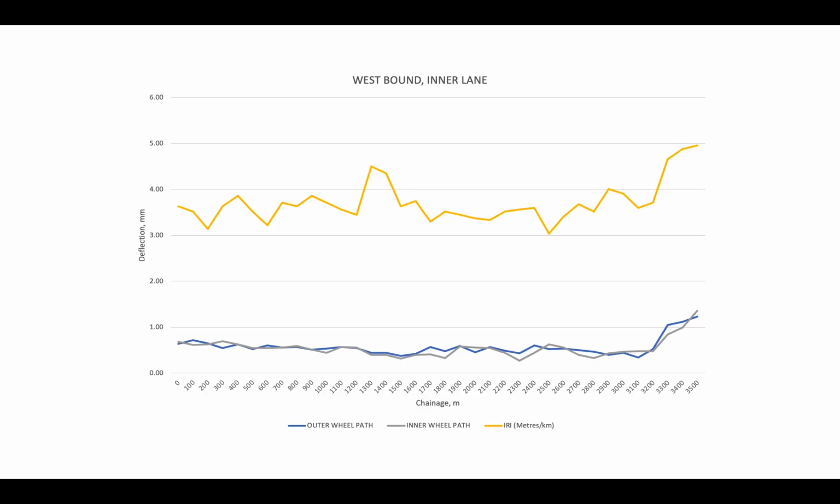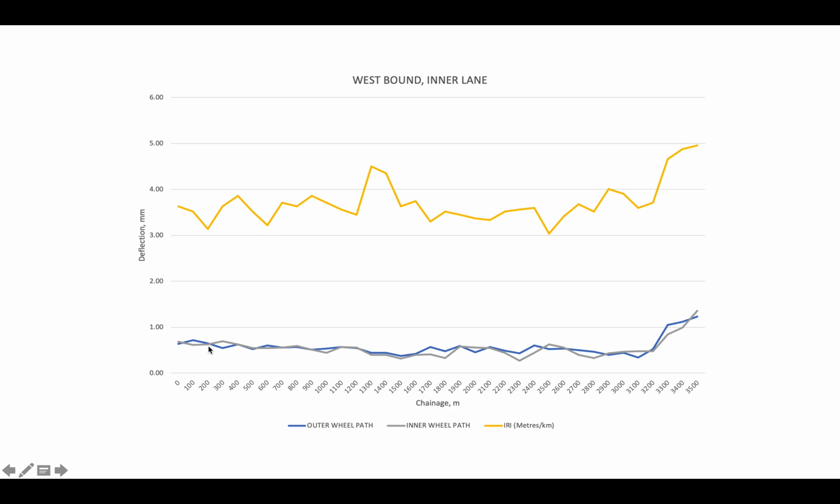The deflection data for the westbound inner lane, you can see there's inner wheel path and outer wheel path, and the roughness is on the top, and this is the outer wheel and this is the inner wheel.